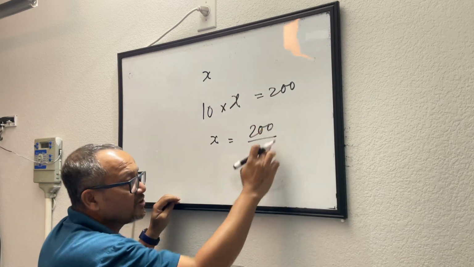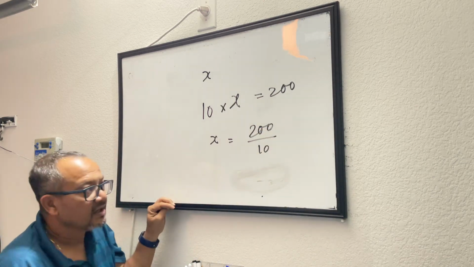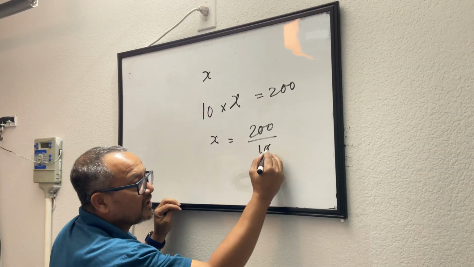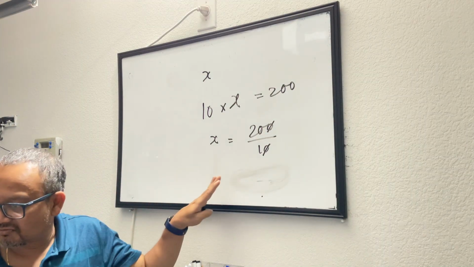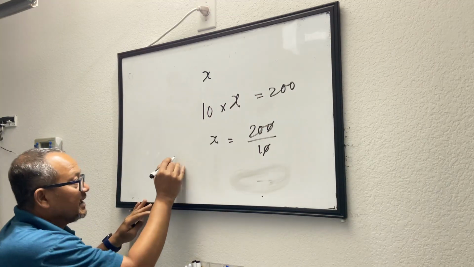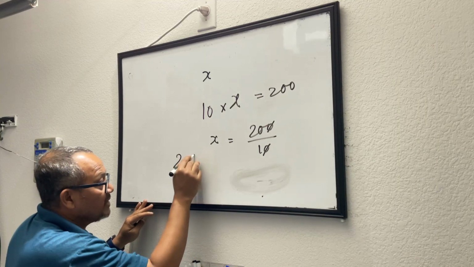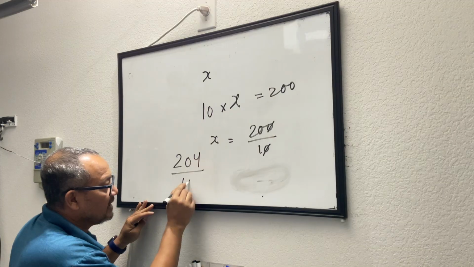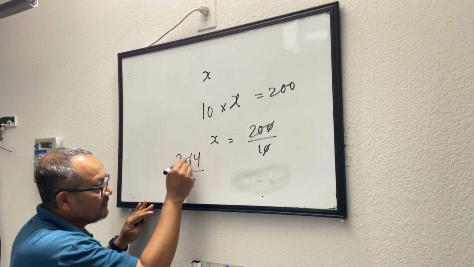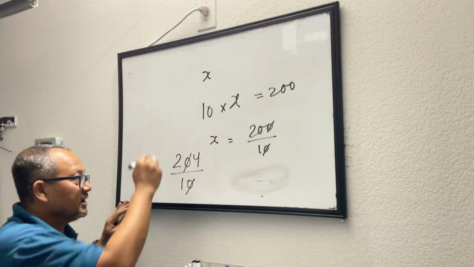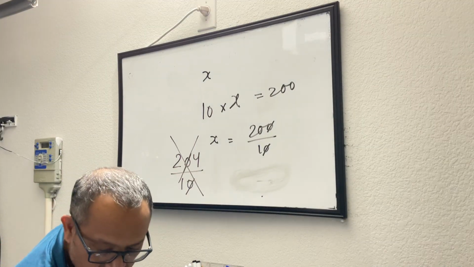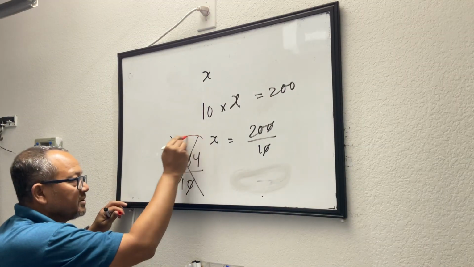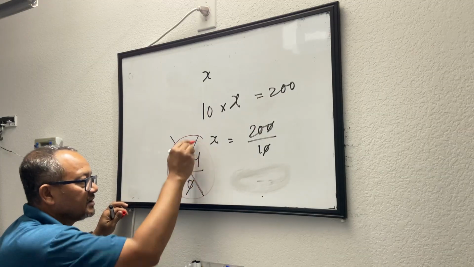If you have trailing zeros in the number that you are trying to deal with, you can just knock off the zeros at the end. Yep, 20 by 1. But it will be a crime if you are trying to divide 204 by 10 and you say this 0 and this 0 I will knock off. Never ever do that.